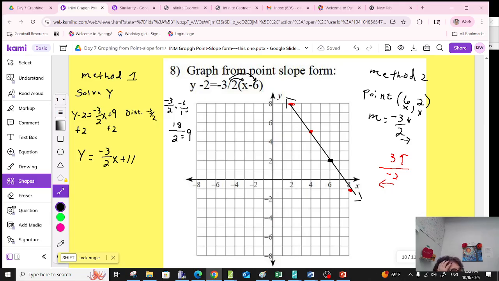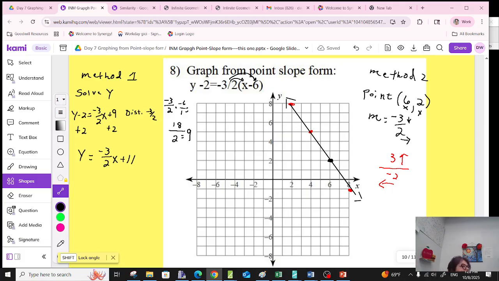Musa, which one do you like, method 1 or method 2? Do you like the first way or the second way? Do you like solving for y or just pulling points off the formula? There's 2 ways.